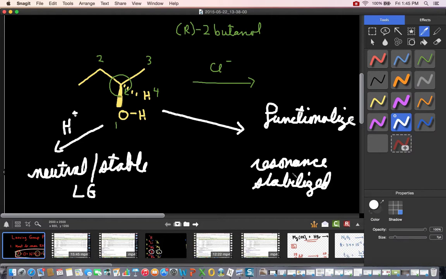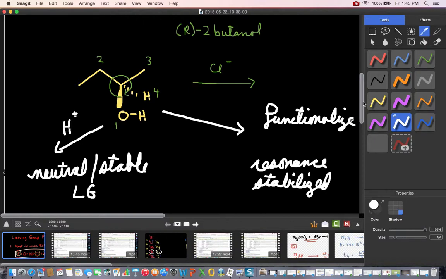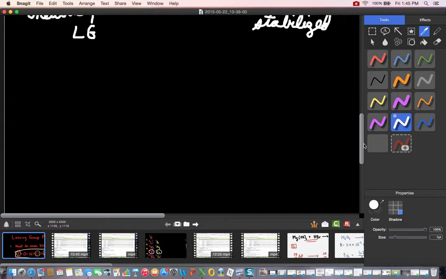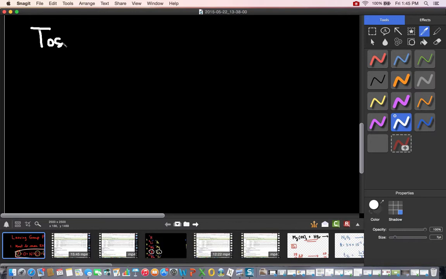And there are three main functional conversions that I can make to enhance the leaving group of OH minus. One is called a tosylate. One is called a mesylate.